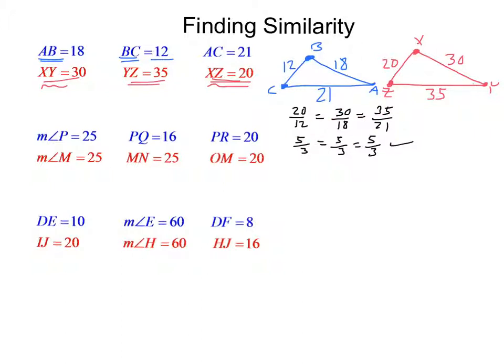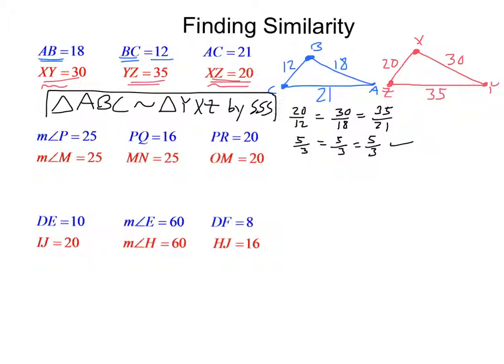So we can write the statement, triangle ABC. I did that one in alphabetical order. Normally I go around the path, so I'm doing ABC this way up this way. So that's going to be similar to triangle XYZ, by side, side, side similarity theorem. Okay, we got that one.